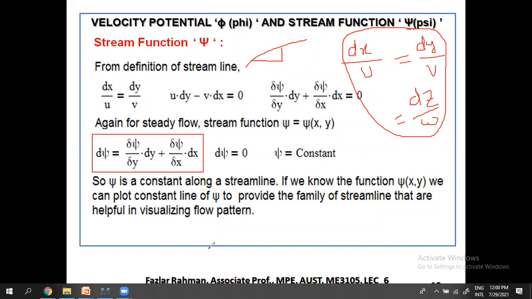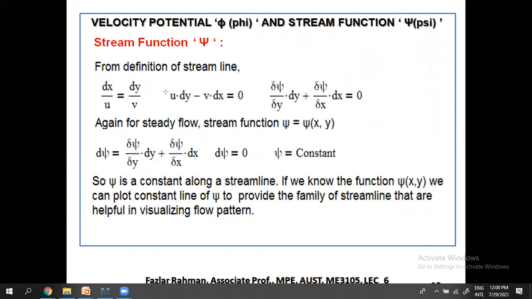As per the definition of the streamline, we know this one. So from here, what are you getting? Just multiply: u into dy equals v into dx, right? Now we have this equation. Now what is u? u equals del psi by del y.